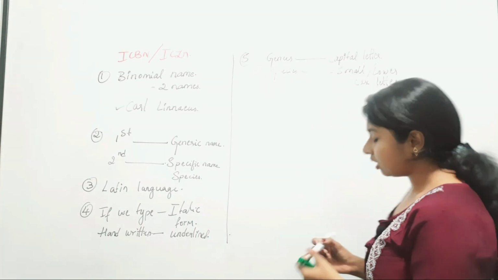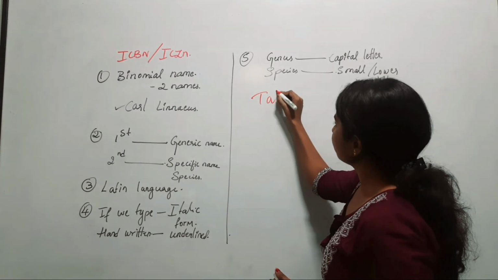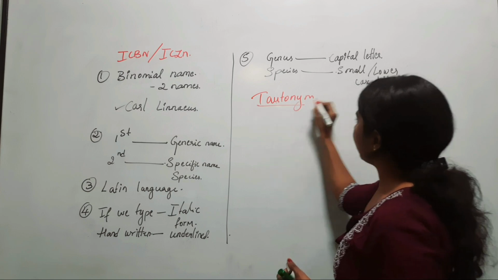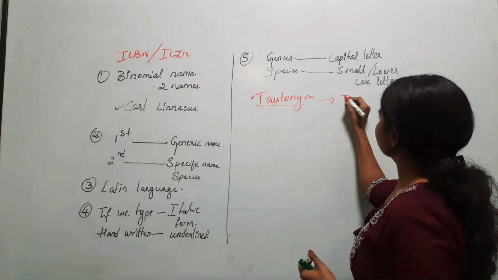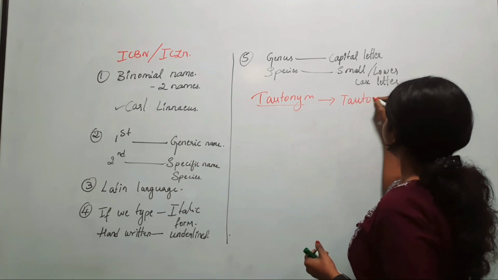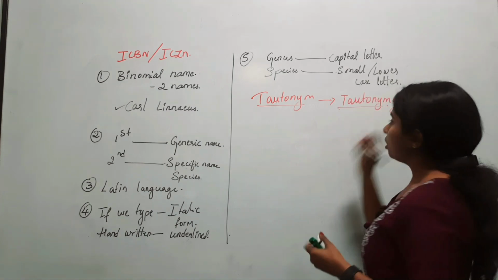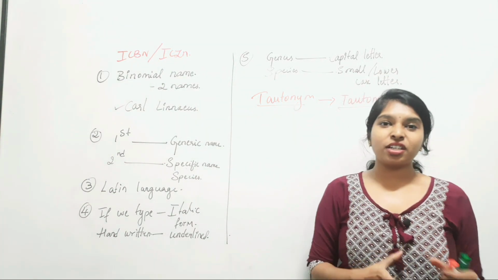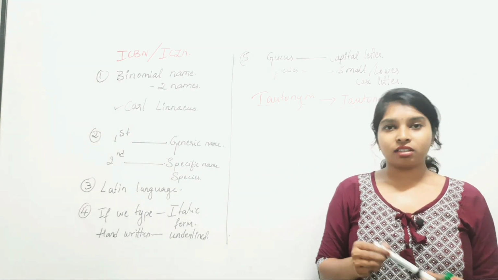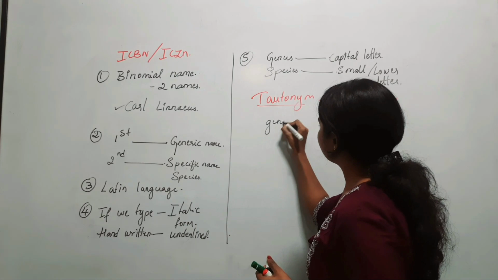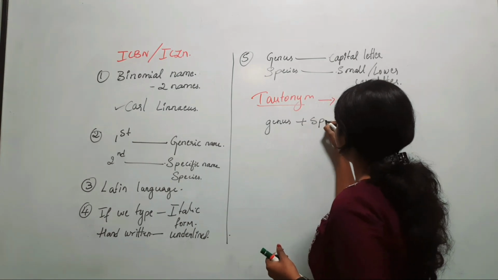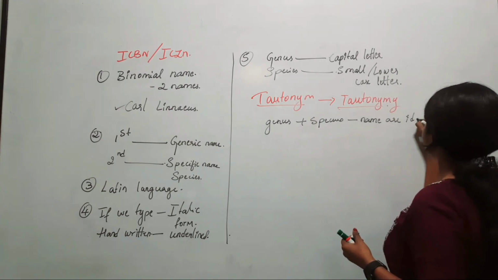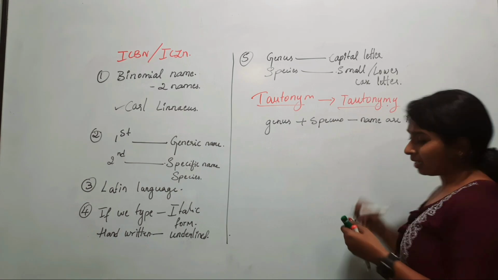The next concept we will learn is tautonym, also called tautonymy. A tautonym is where the genus name and species name are identical, nothing but similar.